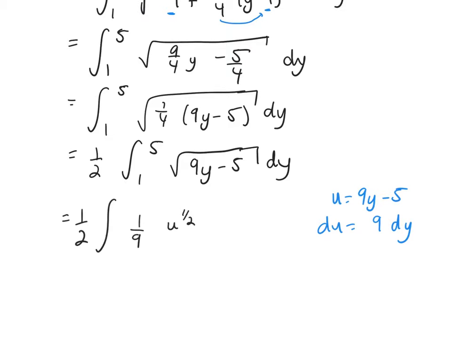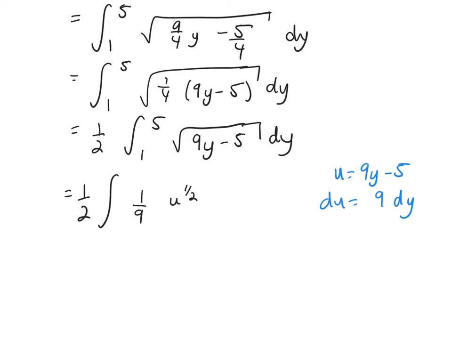We have to change our bounds in our integral. When y is 1, I use this formula to get u is 4. When y is 5, u is 40.